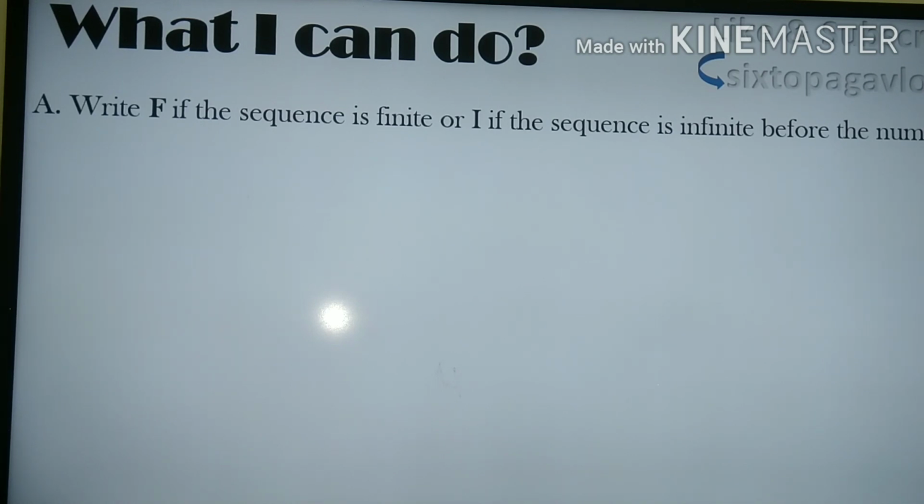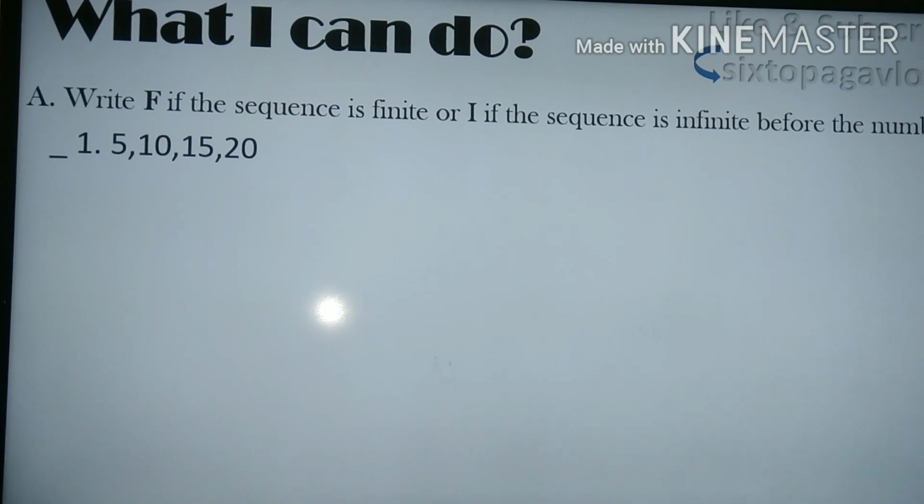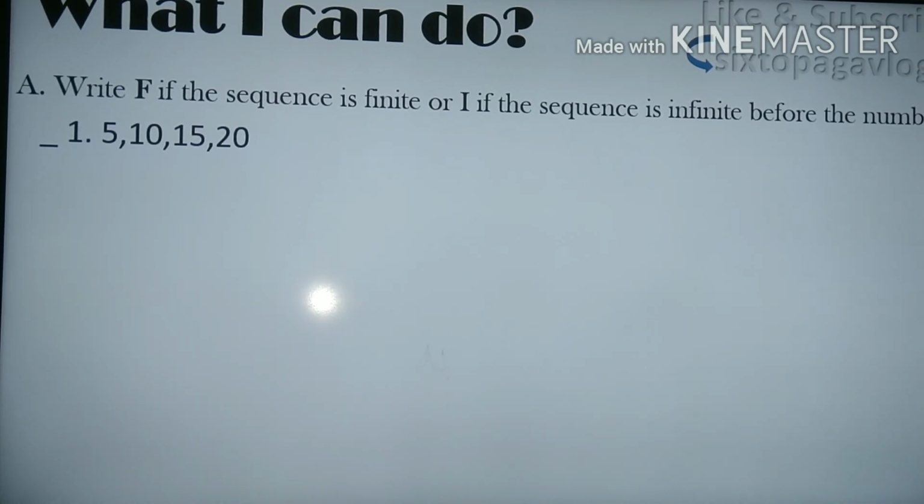We write F if the sequence is finite, or I if the sequence is infinite, before the number. Okay. So, this is the example. Let's pause first. What is your answer, guys? Okay, let us see.